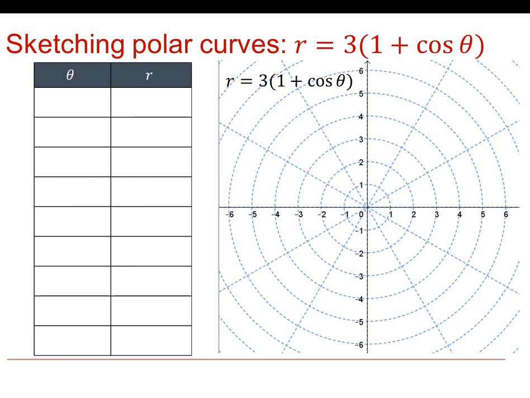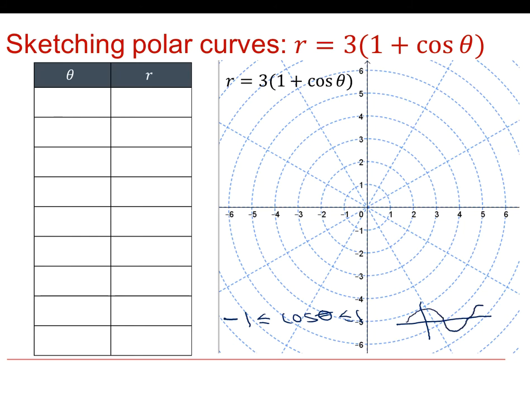Polar curve r equals 3, 1 plus cos theta. Let's build a table of values before we sketch. We know that cos theta lies between -1 and 1. So this will help us work out these values, and it might be useful to sketch a curve of cos theta just to help us.